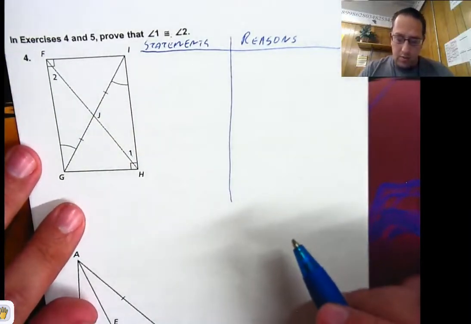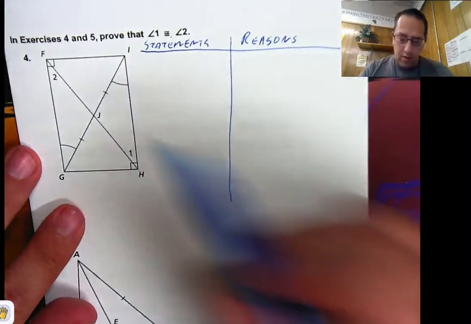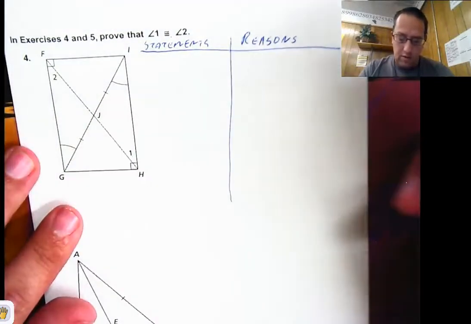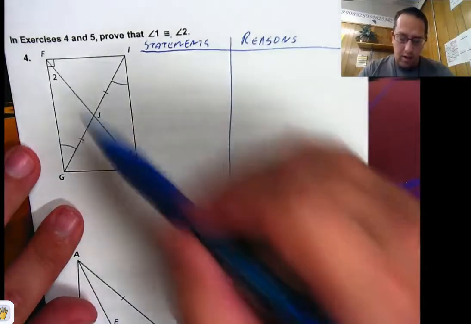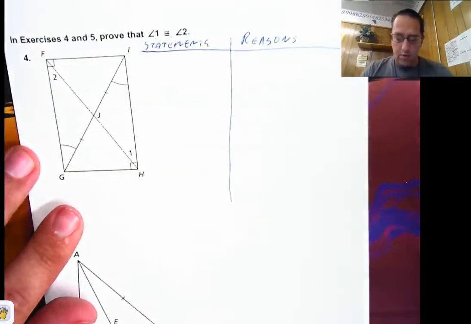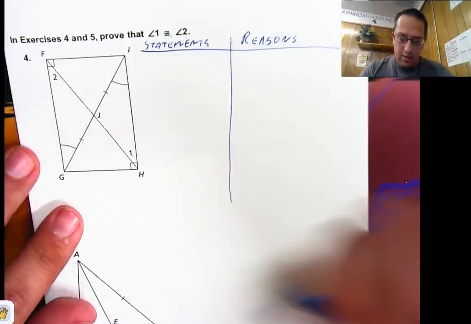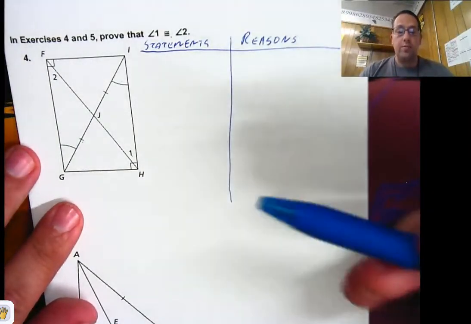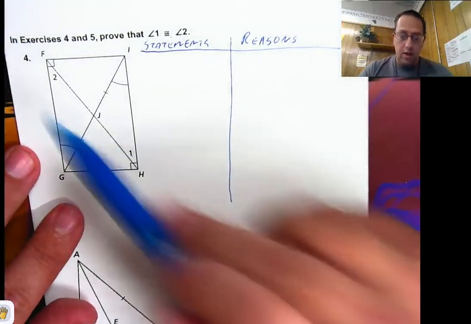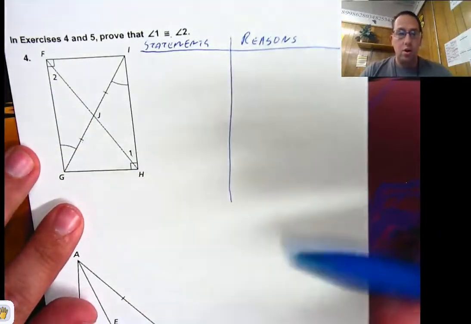Now, we do know some things already. We have these two angles congruent. We have these two segments congruent, and we have some right angles. Nothing about these angles specifically, though. So what we need to do is somehow prove that the triangles that angle 1 and angle 2 are in are congruent to each other.